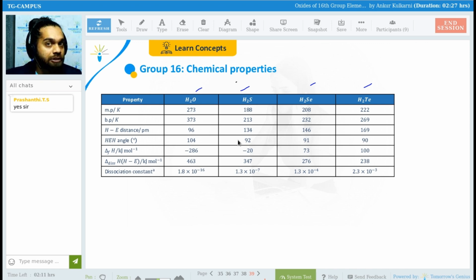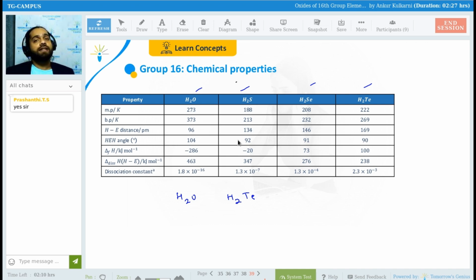So if someone asks you about the acidic character of compounds containing hydrogen, you have to check whether the compound will give H plus easily or not. Simple as that. For example, if I compare H2O and H2Te, which one will give H plus more easily?